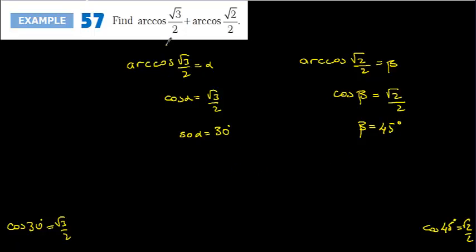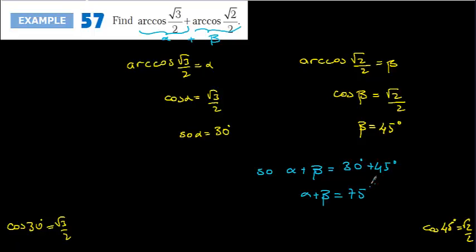And the question is asking arc cosine root 3 over 2, which is alpha, plus beta. So alpha plus beta is equal to 30 plus 45, and the result is going to be 75 degrees.